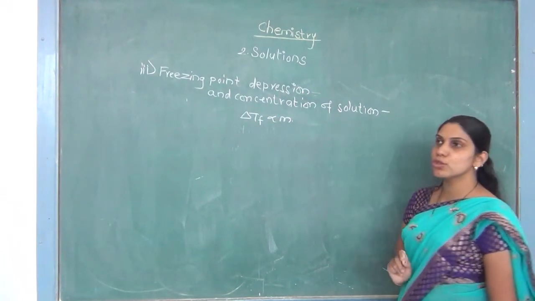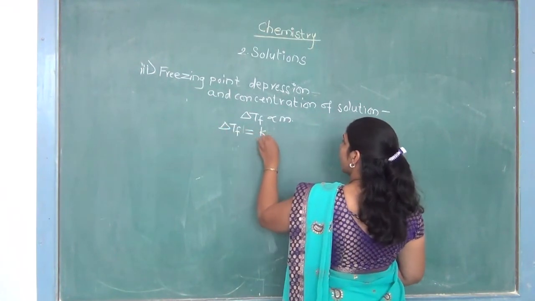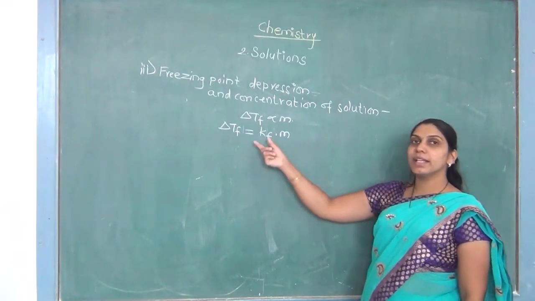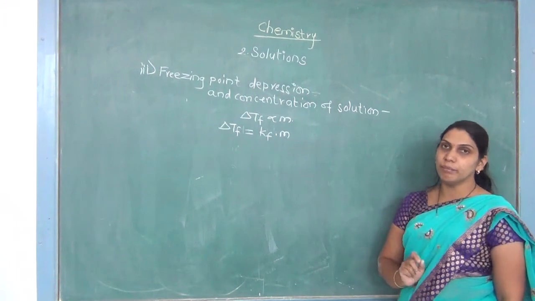By removing the proportionality sign, we get the equation. The equation obtained by removing the proportionality sign is delta TF is equal to Kf into m.